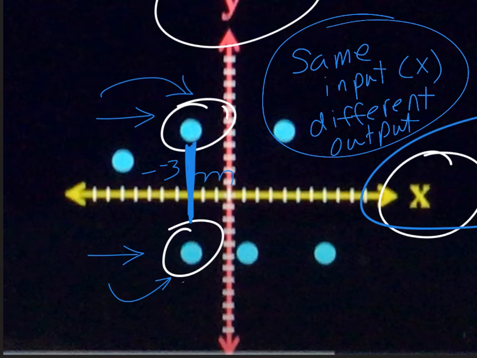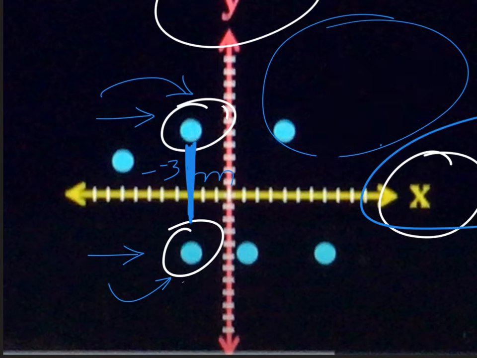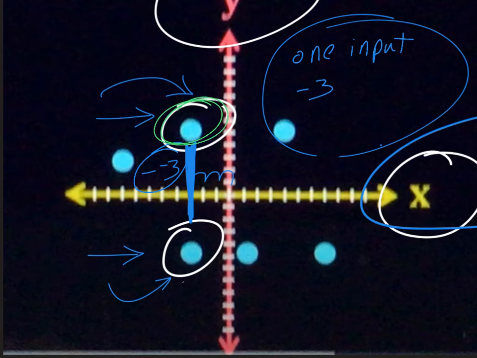Another way it might be said is that you have one input. So again, in this example, one input, and that input we're talking about is -3 because both of these coordinates have an input or an x value of -3.